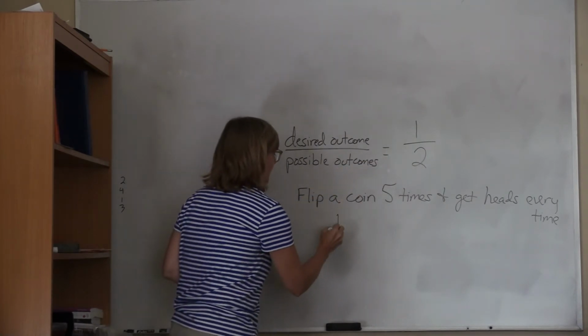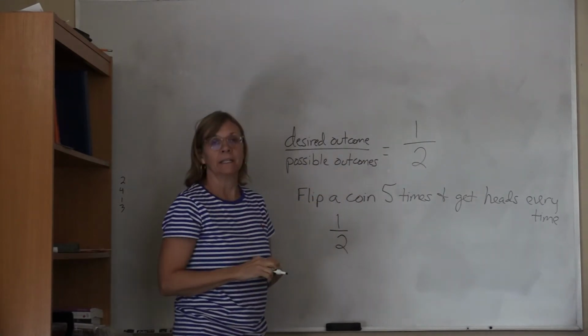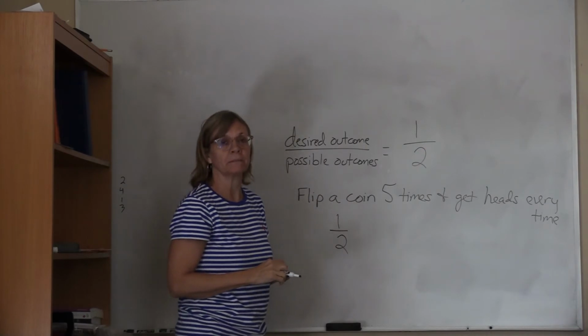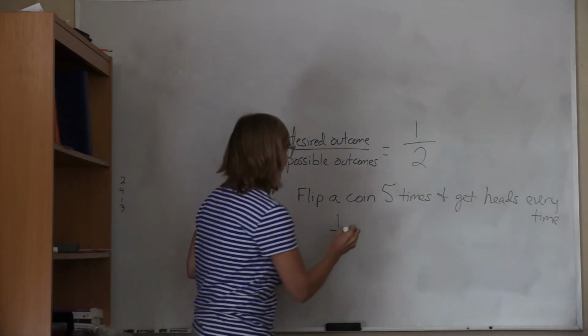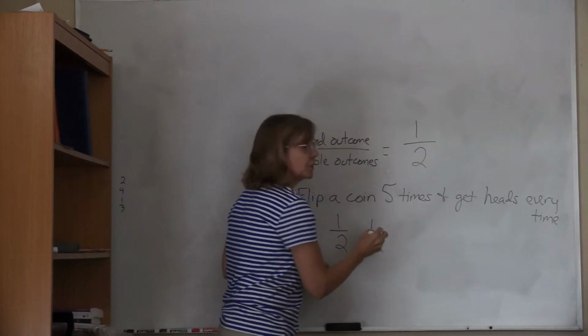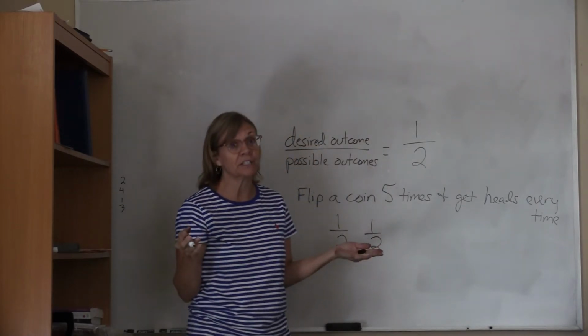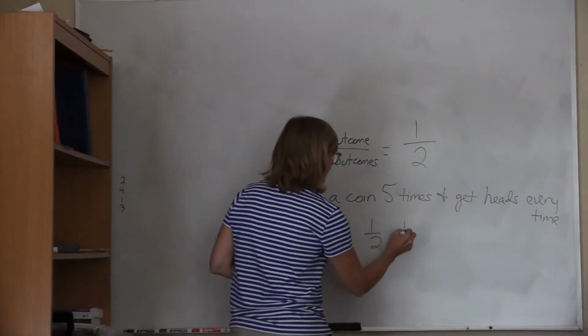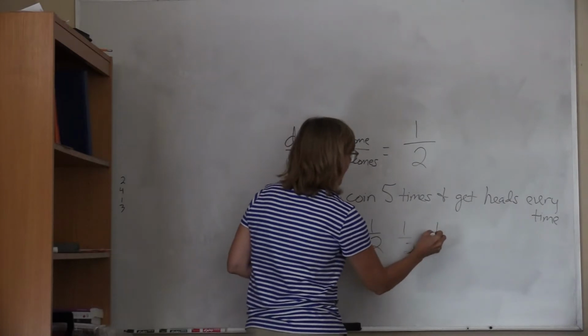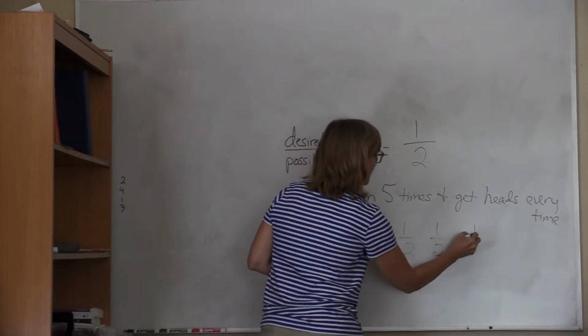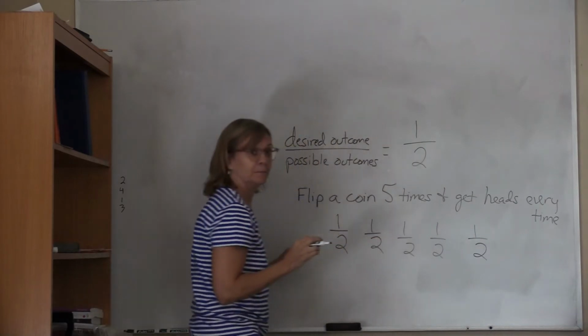You got a 1 out of 2 chance, right? The second time you flip the coin, it's 1 out of 2, isn't it? Just starts over, right? Third time, 1 out of 2. Fourth time, 1 out of 2. Fifth time, 1 out of 2.